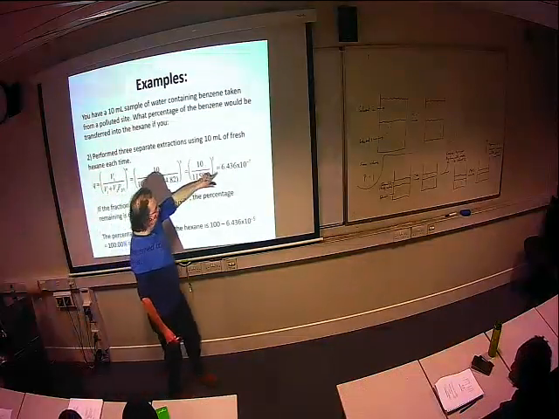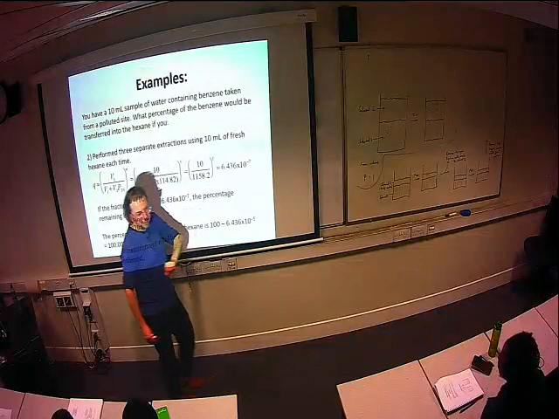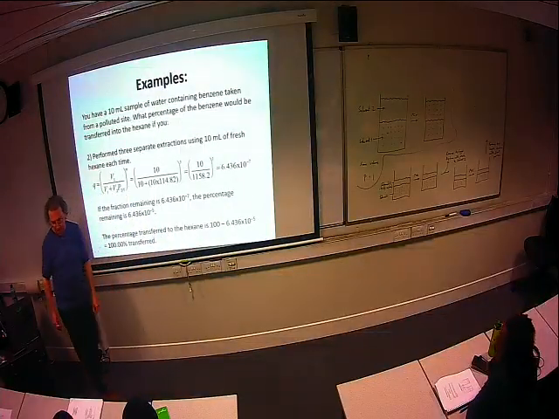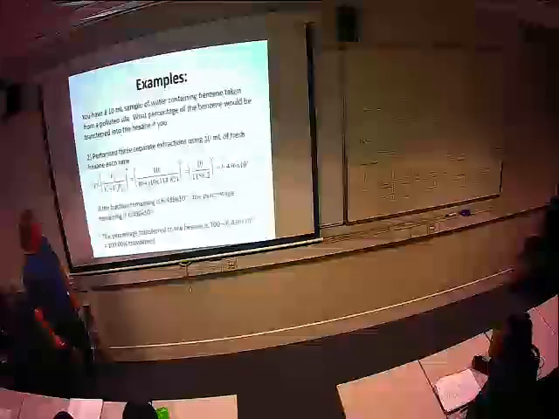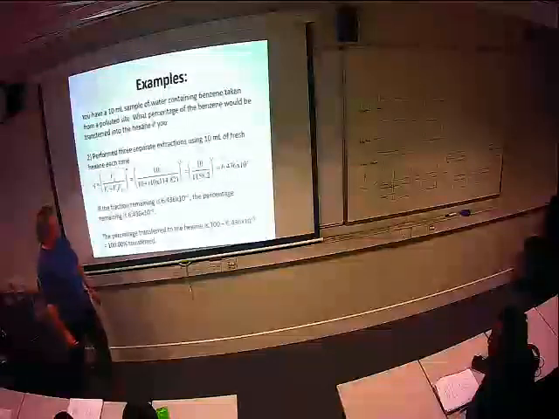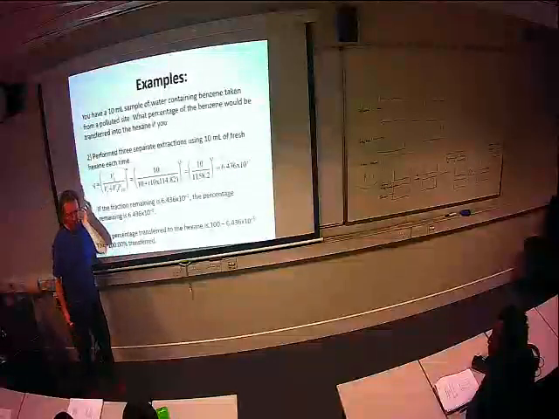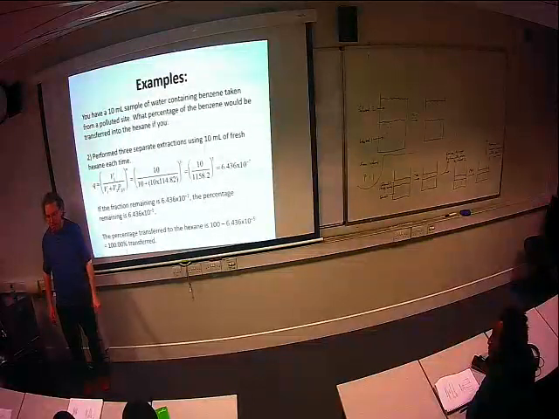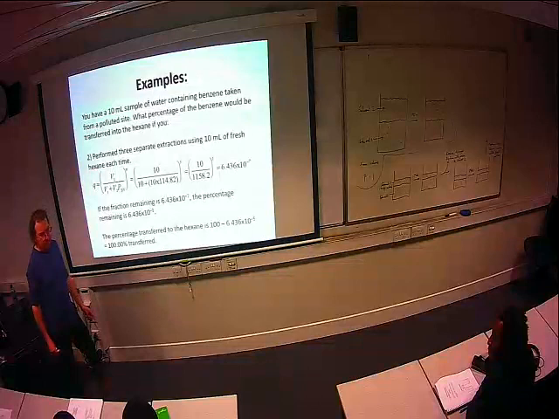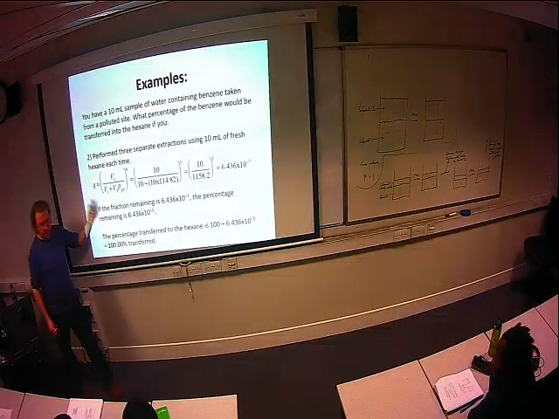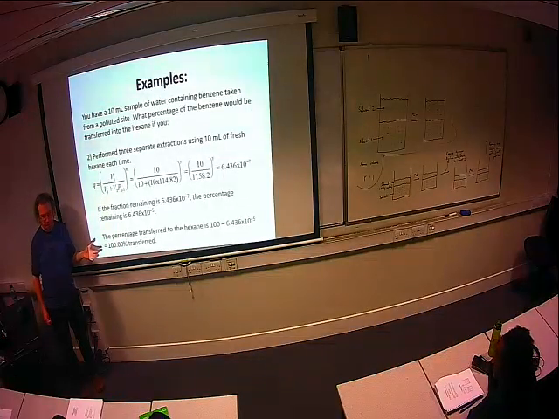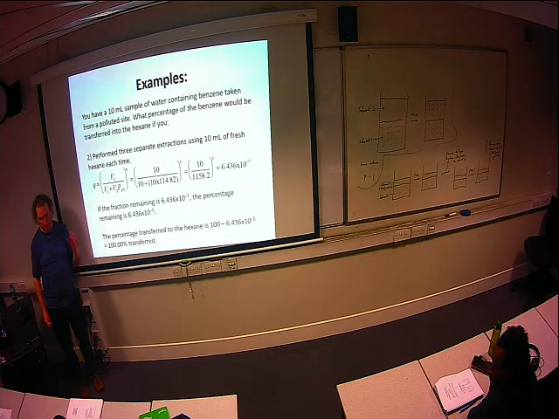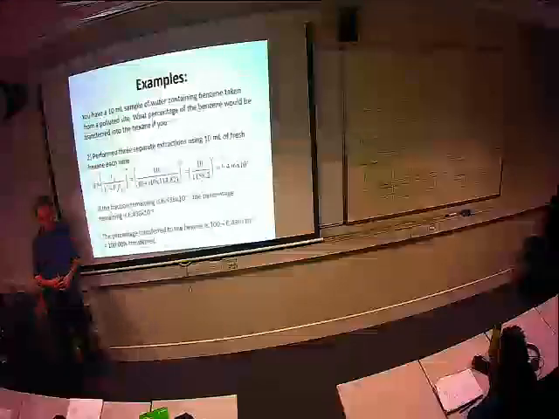And that multiplies out to this 6.4 times 10 to the minus 7. So the percentage remaining is 6.4 times 10 to the minus 5, which you can basically ignore because it's so tiny that it really doesn't make any difference. So we've generated a very efficient extraction here where virtually all of the benzene has been extracted by dividing it into these smaller portions.